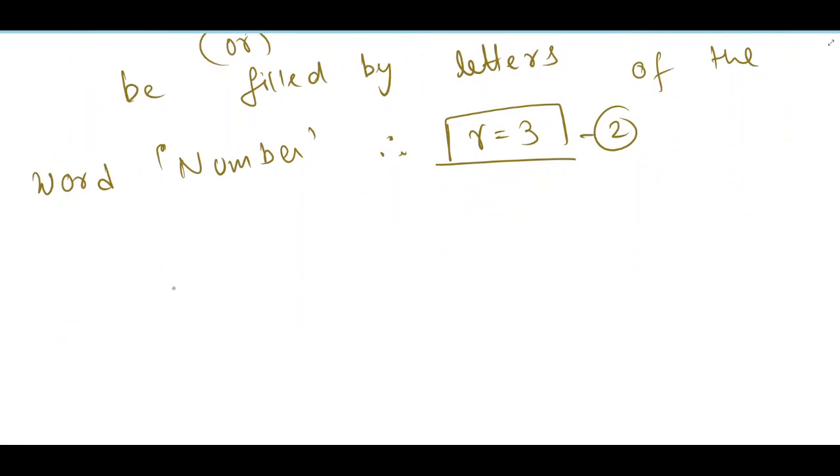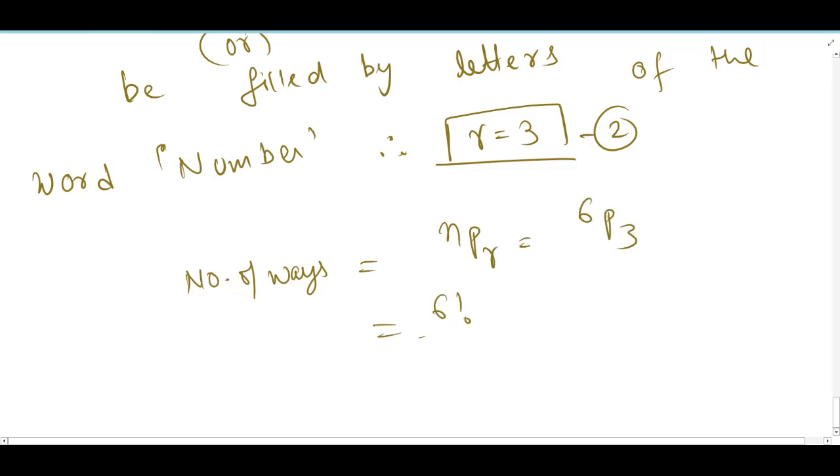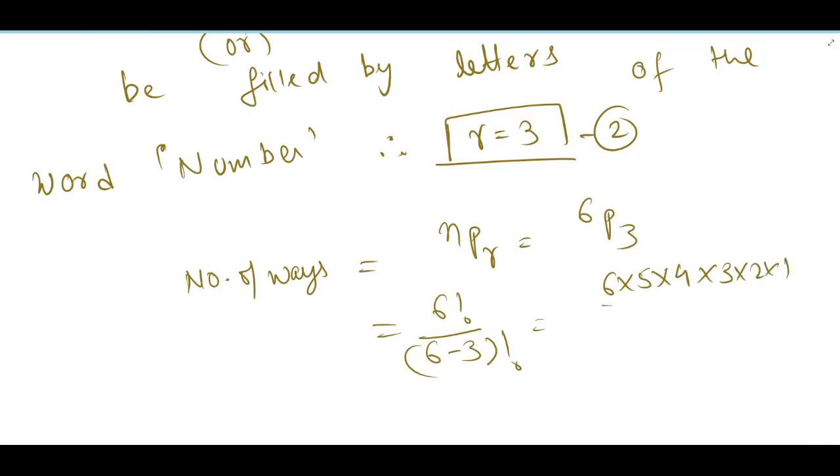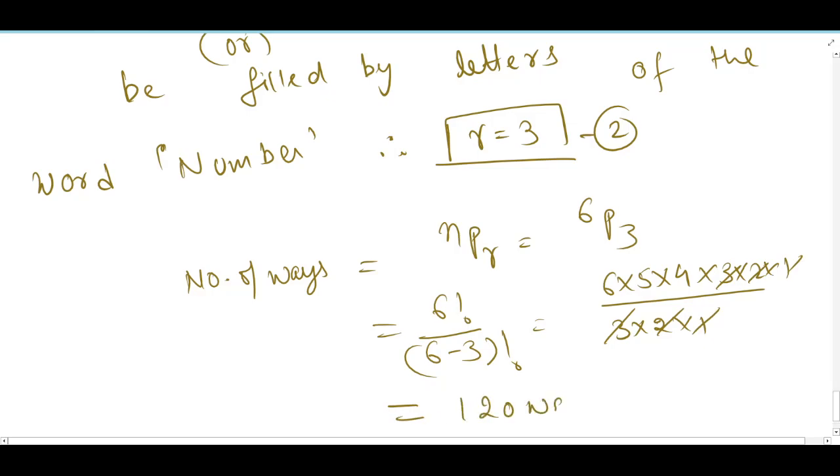So the number of ways in which we can form a three-letter word is nPr, which is equal to 6P3. So 6 factorial divided by 6 minus 3 factorial is equal to 6 cross 5 cross 4 cross 3 cross 2 cross 1 divided by 3 cross 2 cross 1. So 3 cross 2 cross 1 will cancel out and we get 120 ways.